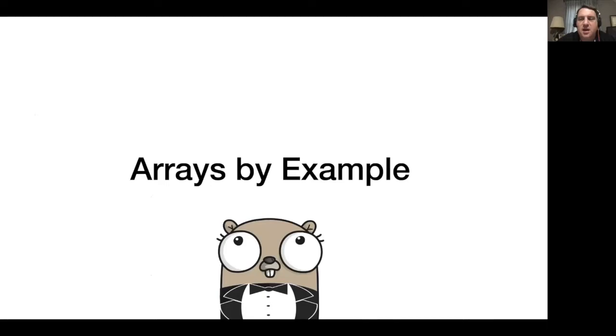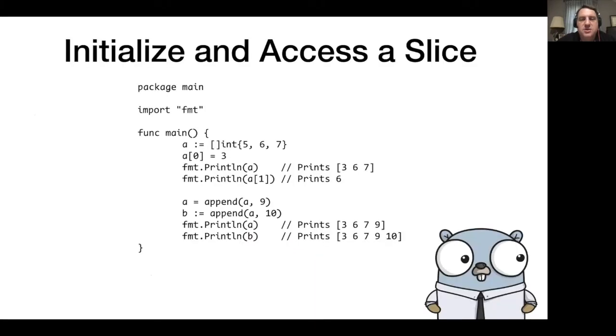So here's some examples of array accesses and usages. So to initialize and access a slice, you can see my initialization there. And then there's an array access. We're setting the first element of A to 3.